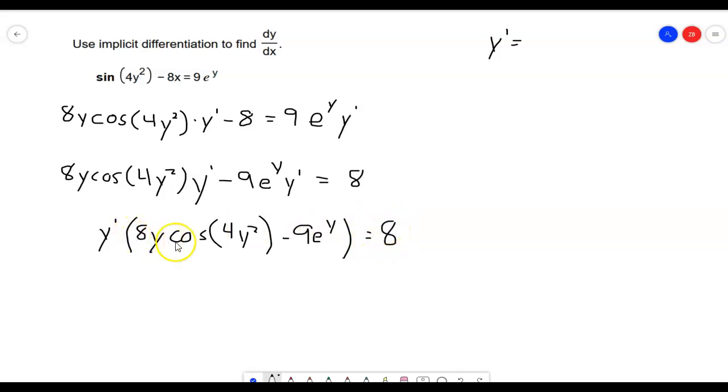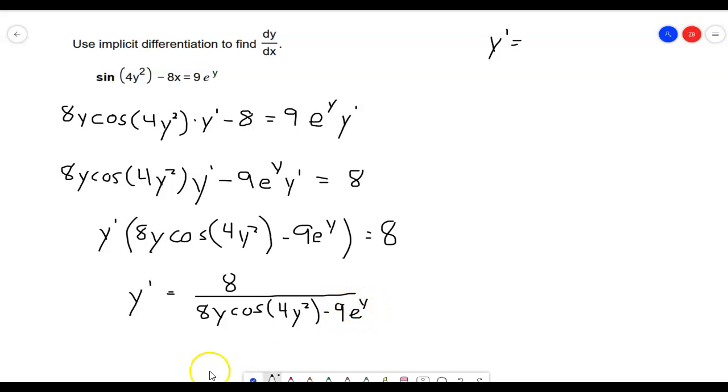Now I can divide both sides by that. So finally, y prime is equal to 8 all over that big old gigantic mess: 8y times the cosine of 4y squared minus 9e raised to the y.